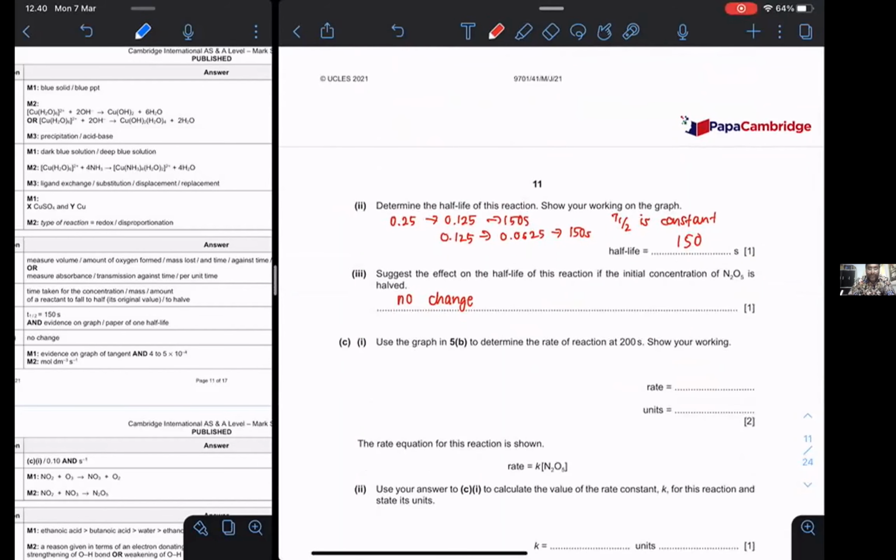Now, there's a formula as well that maybe will help you related to half-life. You can use the formula T half-life equals 0.693, which is ln 2, divided by K, so it's related to the rate constant.